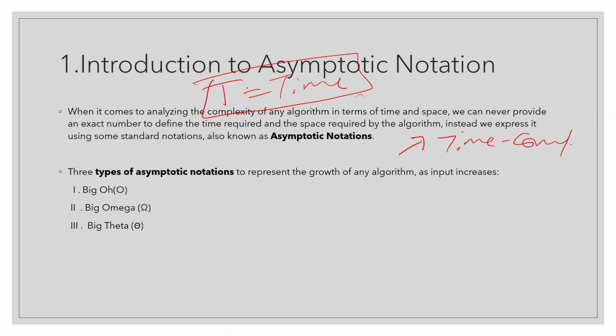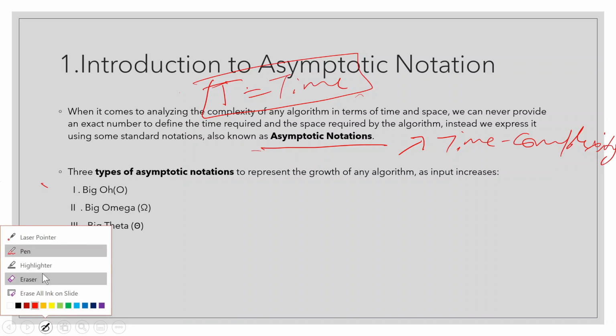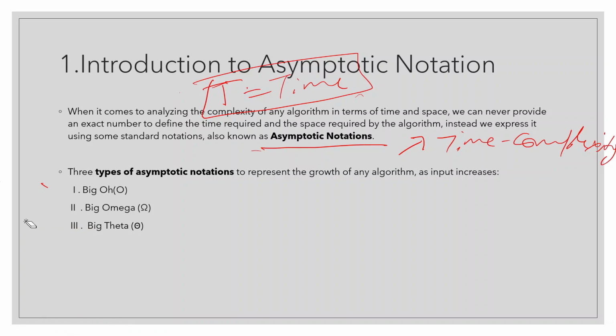You need some notation. That notation, if you show it on pen and paper, you can say this is called asymptotic notation. So if you read the definition carefully, you understand the meaning of asymptotic notation.